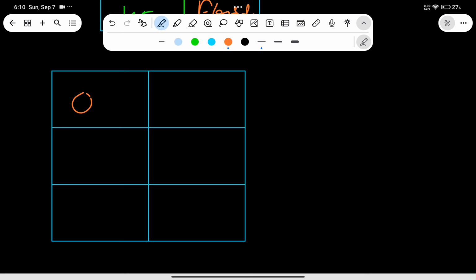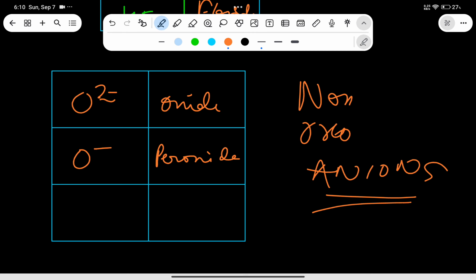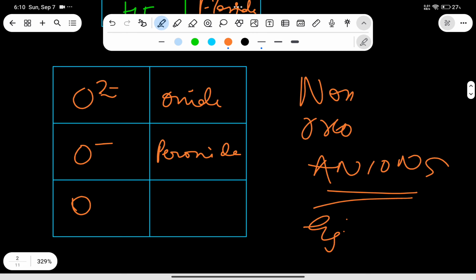So I'm gonna have oxygen, oxide, this is oxide, and this is peroxide. These are some non-oxo anions. Examples. And this is O2 minus, which is superoxide.